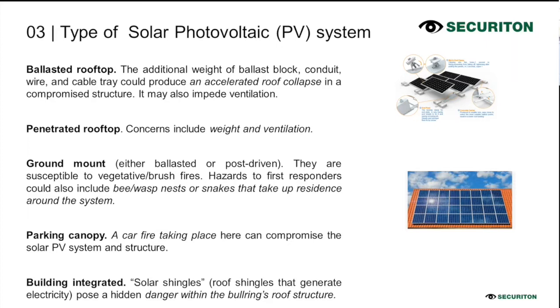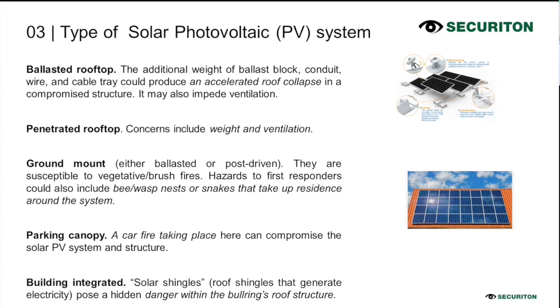also involved in this. In terms of the penetrated rooftop, you can see this is basically mounted on the roof itself. The ground mount, as you've seen, is mostly for huge electricity grid areas, used on the ground. The parking one is almost the same as the roof, but it's on parking bays, where the canopies are raised on top.